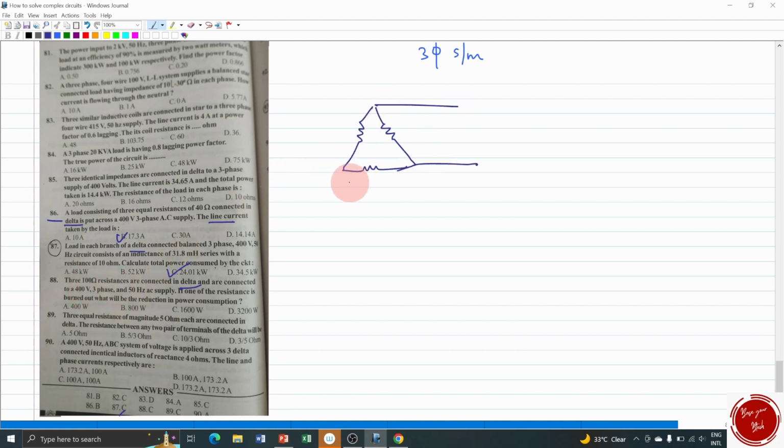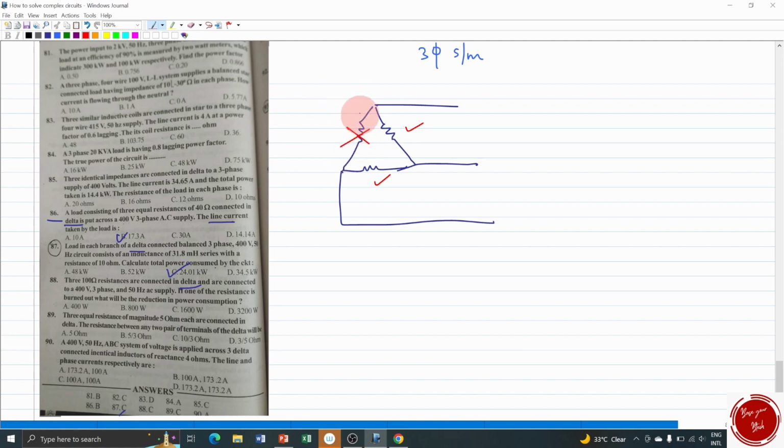So actually the supply is given to these points, and when one of the resistors burns out, you will be left with the other two, and the power consumption will never be affected for these two resistors. There will be reduction of power for this resistor only.